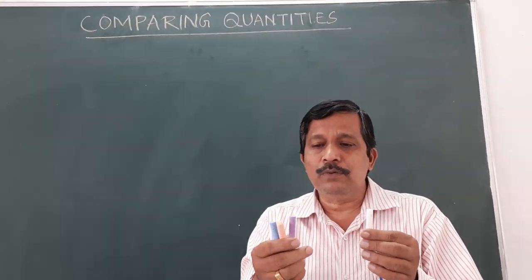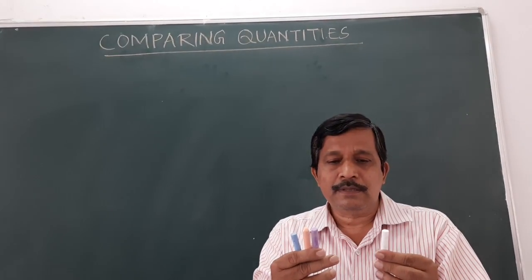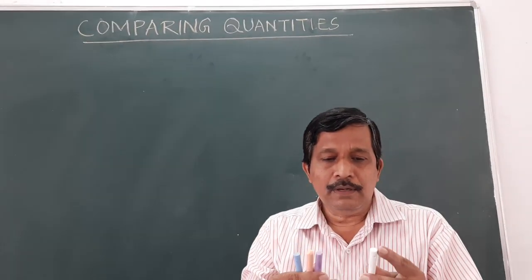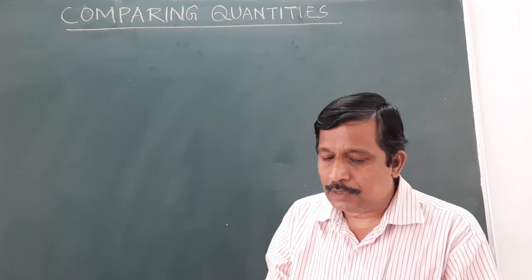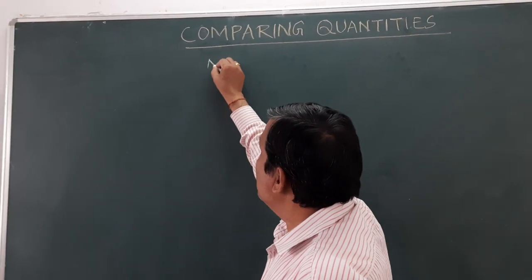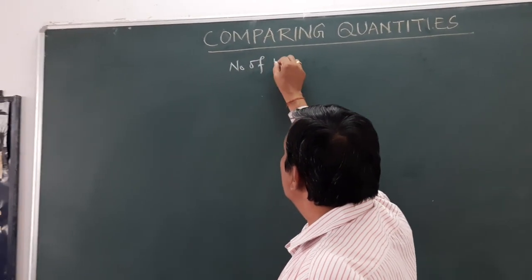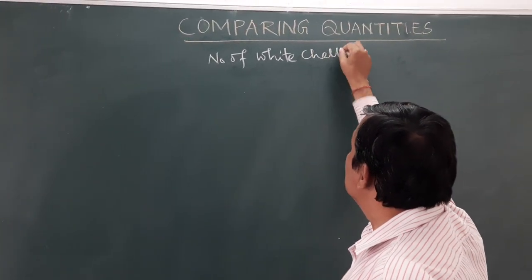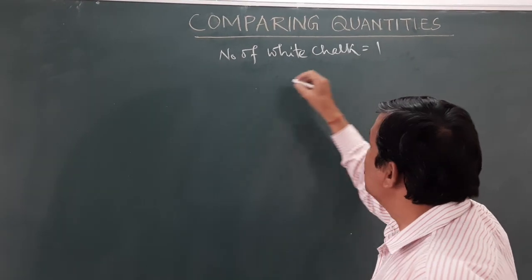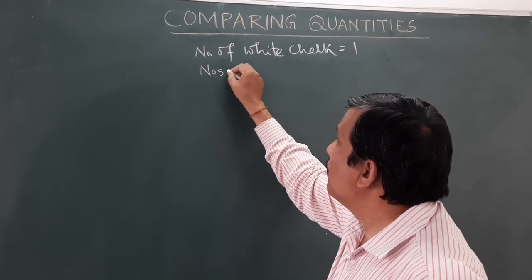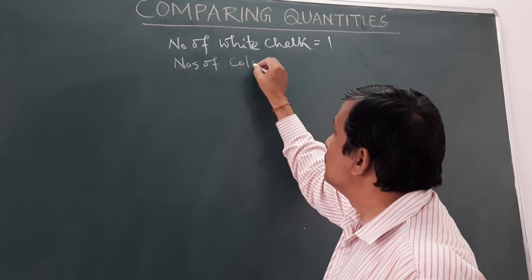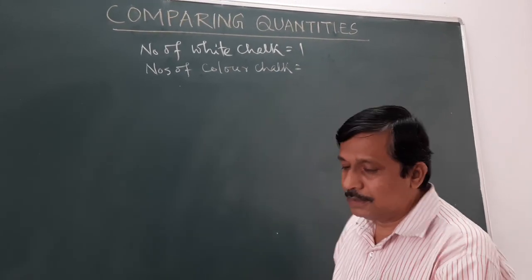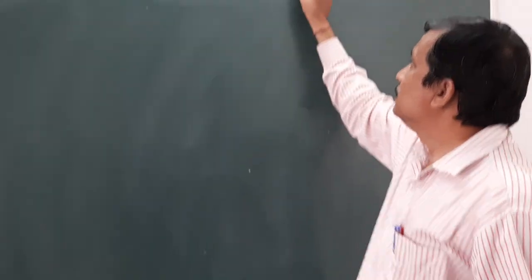In this example, the number of white chalk is equal to 1, and the number of colored chalk is 3.